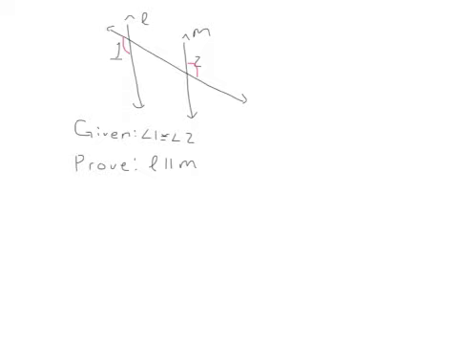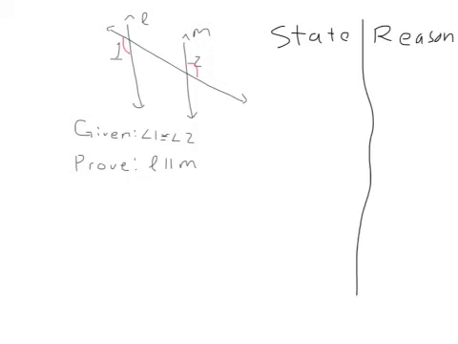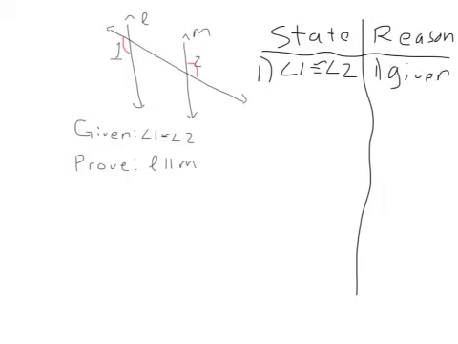So I would always give myself a statement and a reason. And I'm always going to start with my given. Here angle 1 is congruent to angle 2. That's given. And then second, from there, since angle 1 is congruent to angle 2, I notice those are alternate exterior angles.